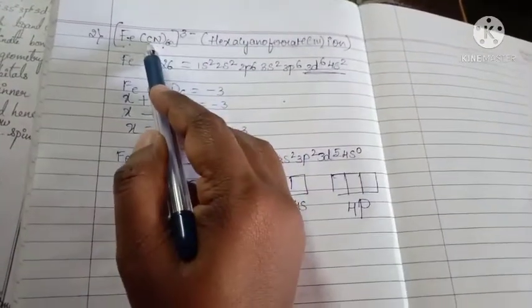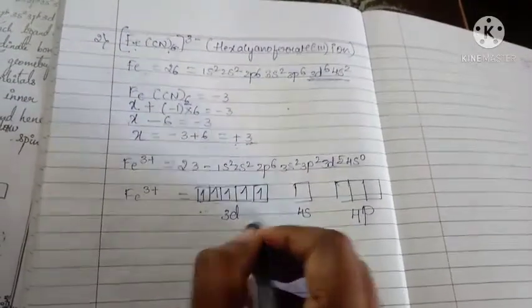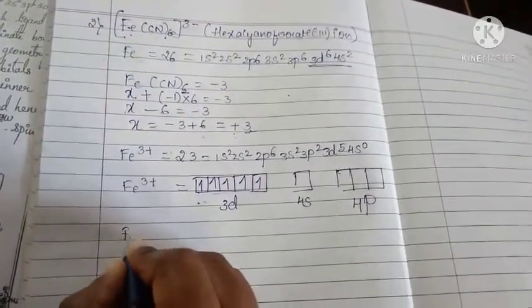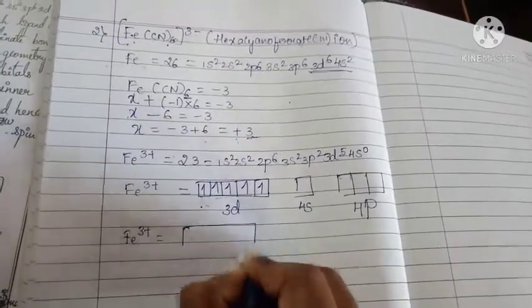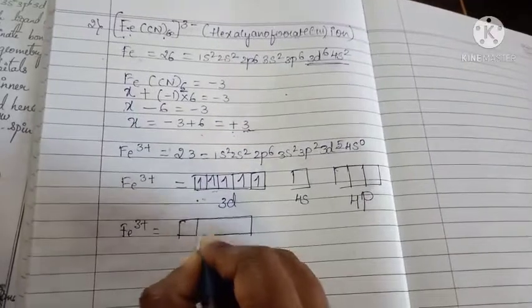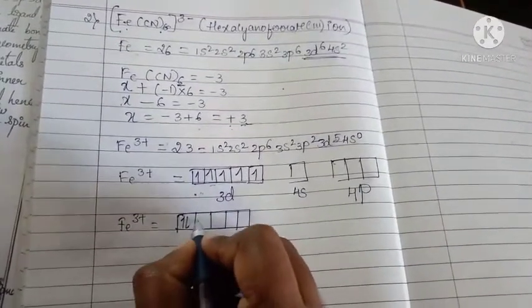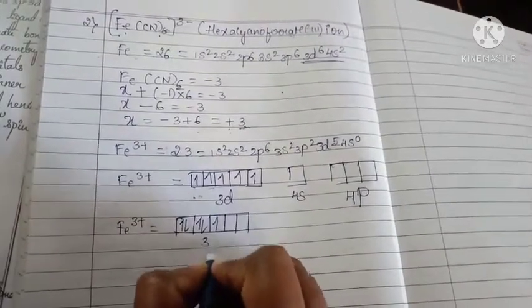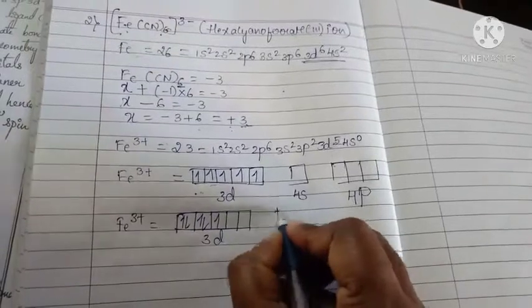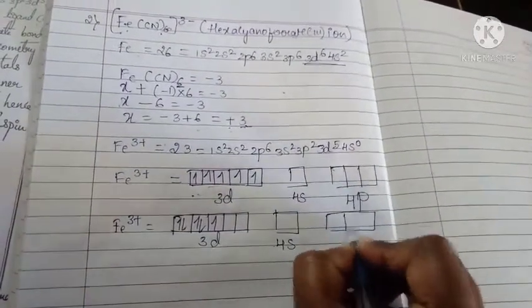Here cyanide is also a strong ligand, so the pairing starts. For Fe3+, pair the electrons 1 2 3 4, and 1 will remain unpaired, in 3d, 4s, 4p.